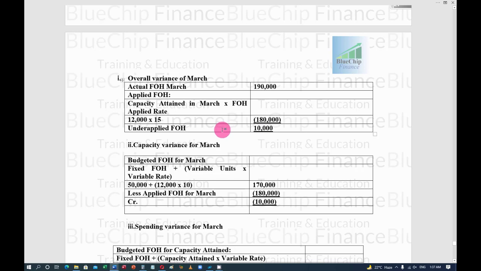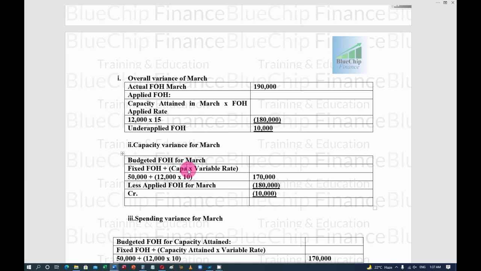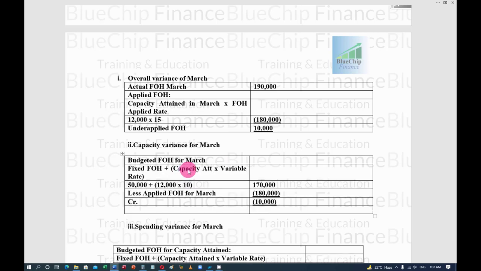The next thing is to calculate the capacity variance for March. For the capacity variance for March, we first need the budgeted FOH for March, which equals the fixed FOH we recently calculated, 50,000, plus capacity attained multiplied by the variable rate.